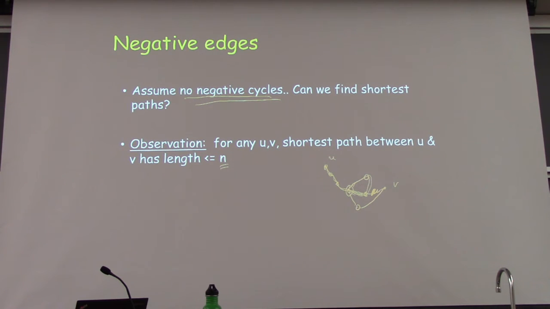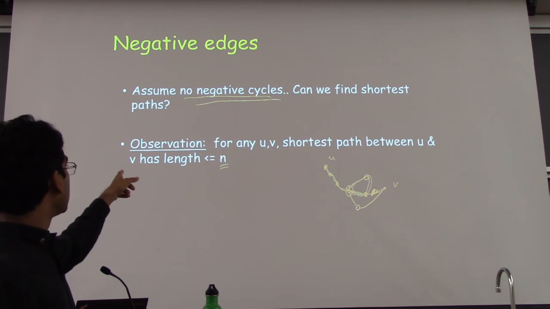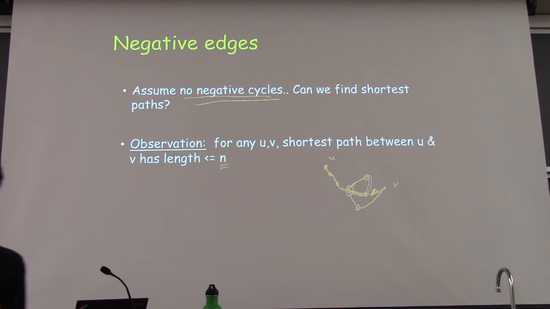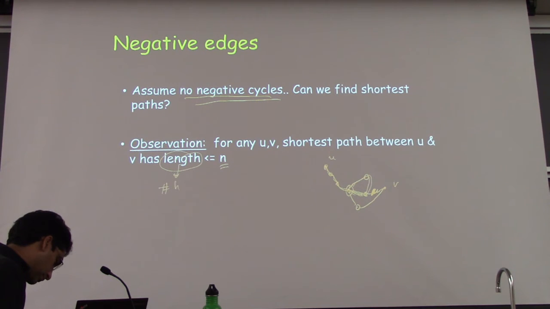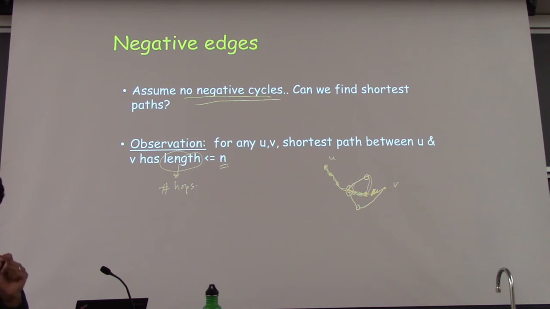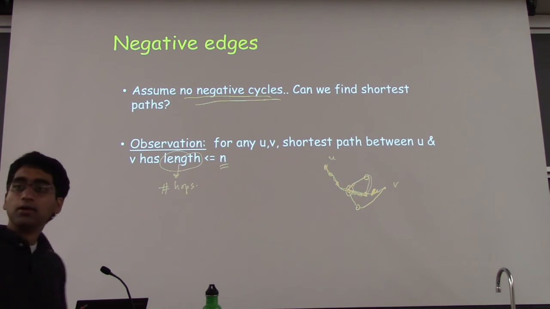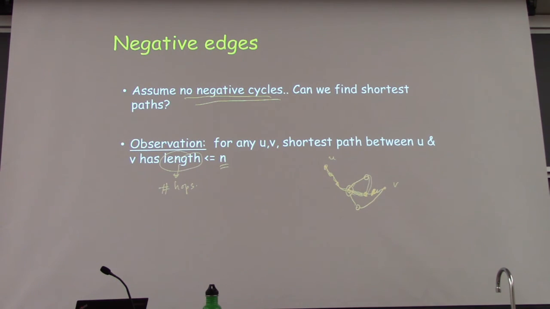Are you assuming that the weight is 1? No. Length here is actually the number of hops. It's not the sum of the weights. It's actually the number of nodes in the path. Just clarifying a point.